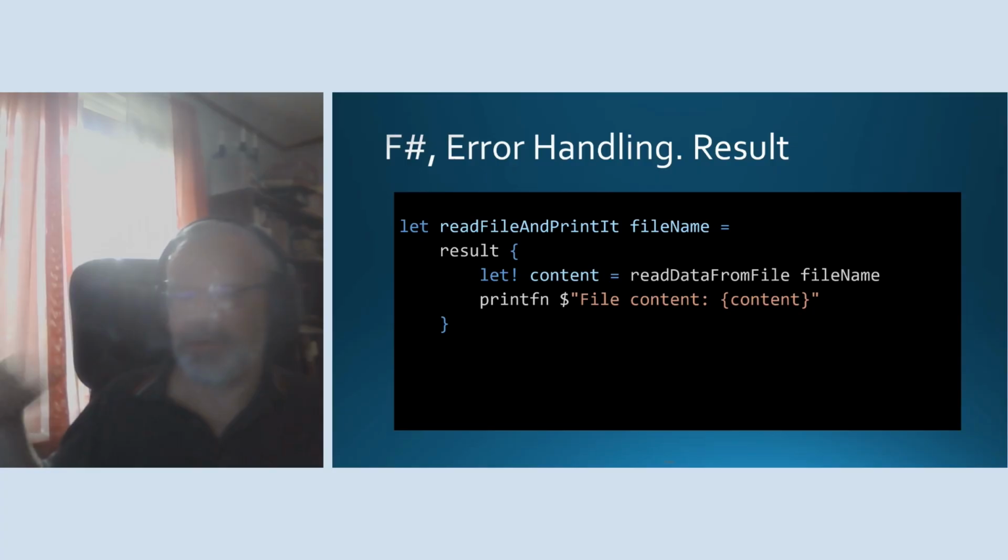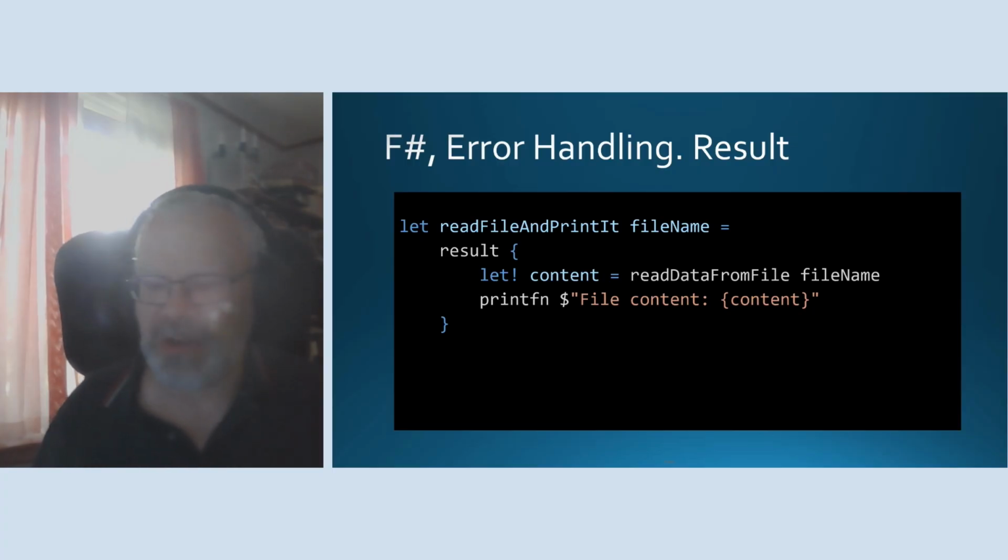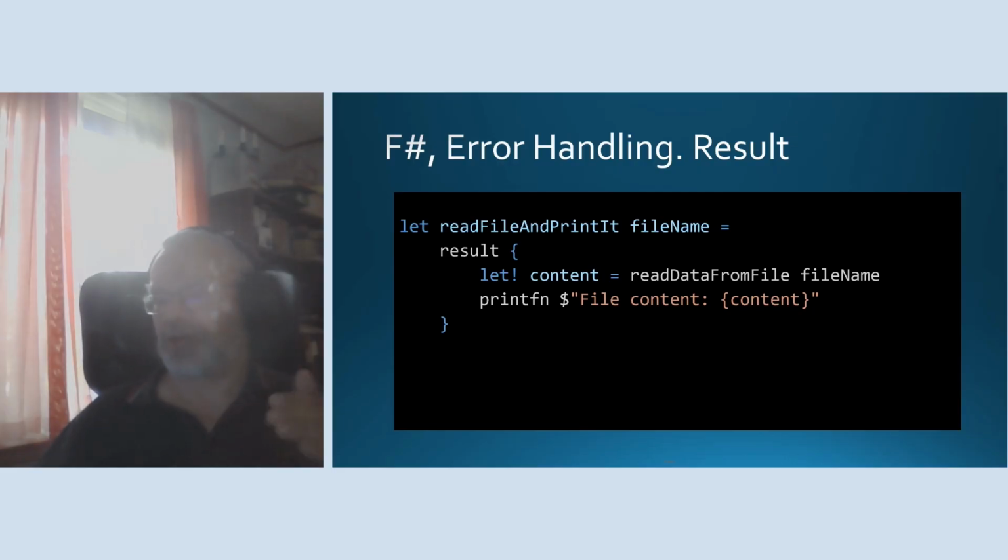If not, we will return immediately from this function. So in Rust, we set a question mark at the end of a statement. In F#, we set an exclamation mark at the beginning. But it works the same way. It shortcuts. If it fails, then it will return. If not, it will continue this function.